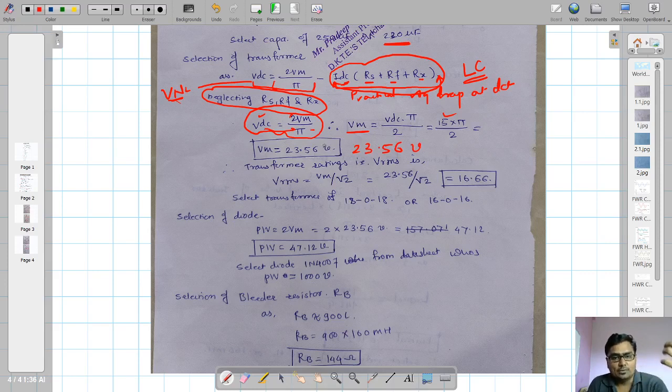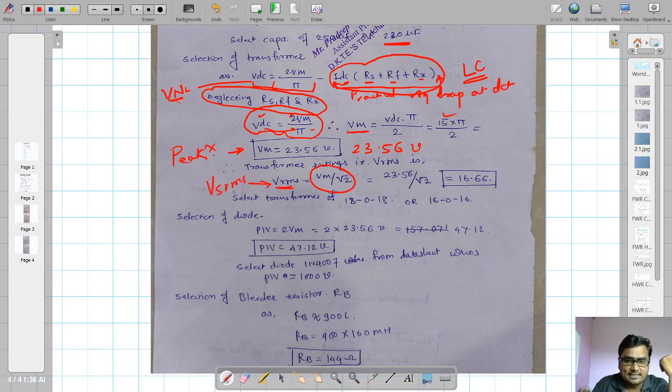Now, to calculate the transformer rating, VM means a peak voltage. Peak voltage is not useful. What I want is the RMS value of that peak voltage. So how to get the RMS value? Divided by root 2. So I am writing VRMS. This VRMS is nothing but your VSRMS.